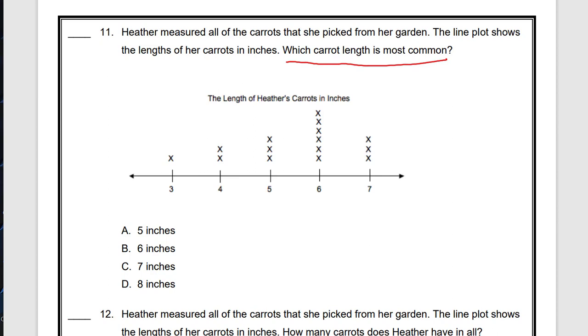Yes. Which one is most common? B, 6 inches. Yeah. Okay, thank you, my hero.